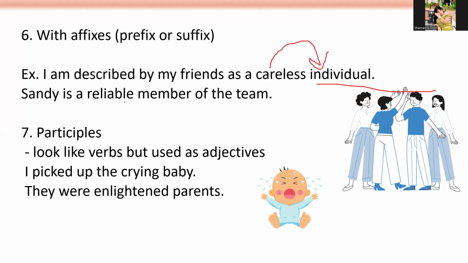What kind of individual is that person? A careless individual. Now, Sandy is a reliable member of the team. We have 3 nouns, Sandy, member, and team. But which is the noun which is modified by an adjective? Member. What kind of member is this person, Sandy? Reliable. Okay?